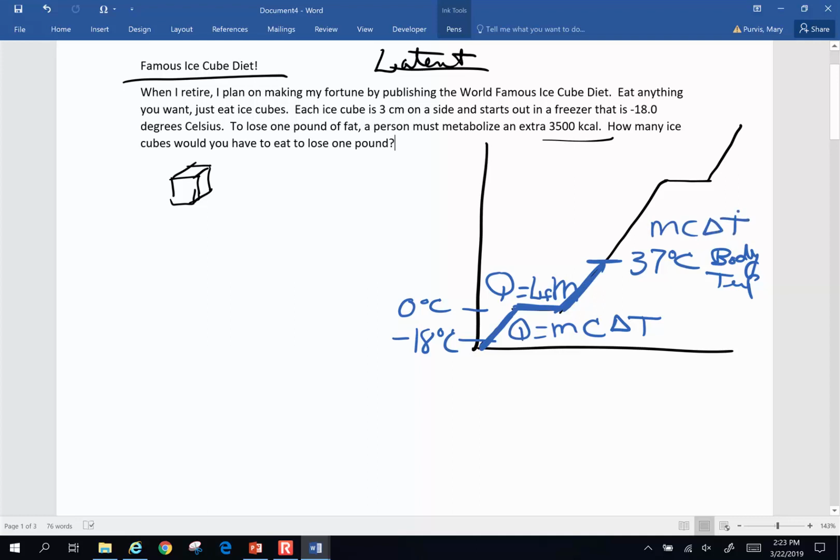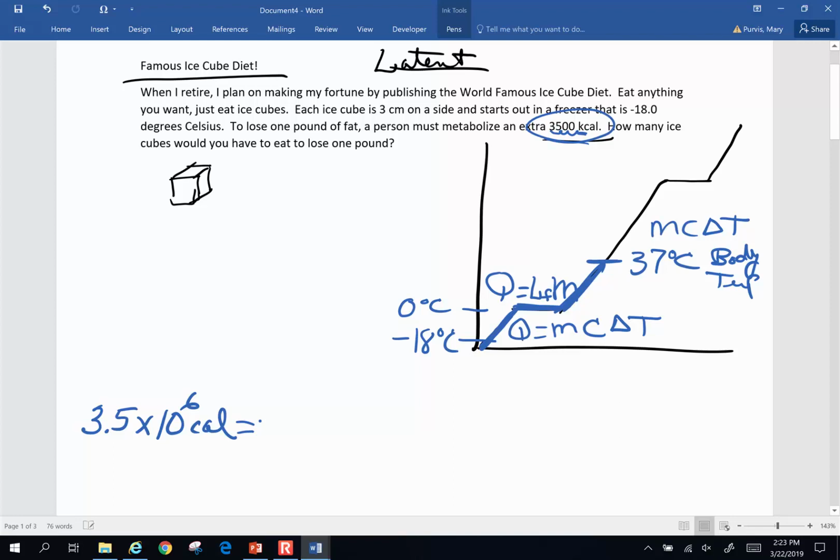So my equation's going to look like this. I have 3,500 kilocalories, and you and I both know 3,500 kilocalories is going to be 3.5 times 10 to the 6th calories. 3 for 1, 2, 3, and then the other 3 for kilo. So 3 plus another 3 is 6, and that's where I get that power of 6.